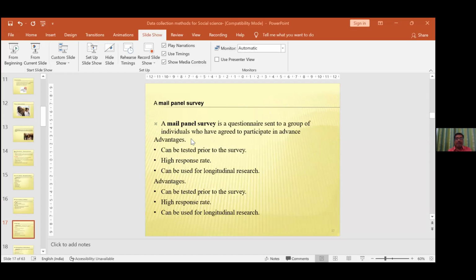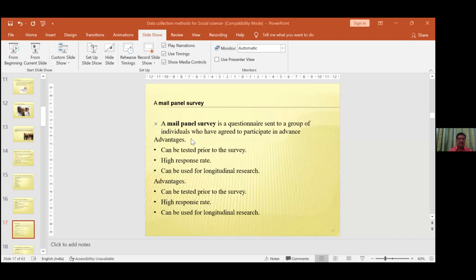For example, during COVID, the government wants to check the effect of the COVID injection. So in such circumstances, they ask all interested people to register their names, and they will be called and tested with a medicine. So this is an example of a mail panel survey.